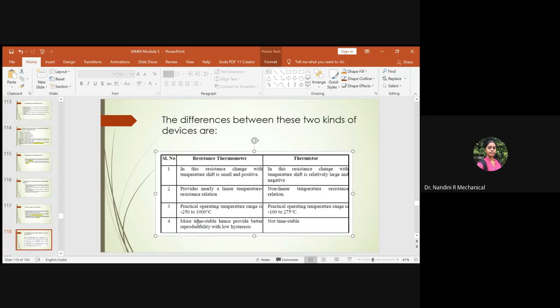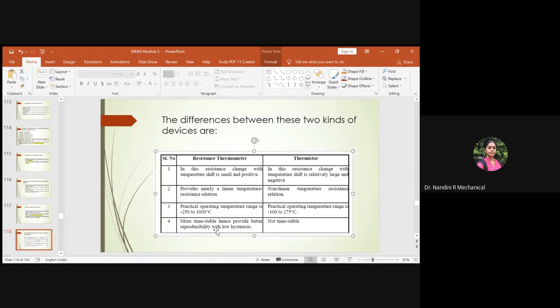So due to the stability, it will provide reproducibility with low hysteresis in nature. We have studied about this hysteresis graph previously in the module, right? So this helps in providing a better reproducibility because there is no inconsistency in the value you are getting, due to time stability.